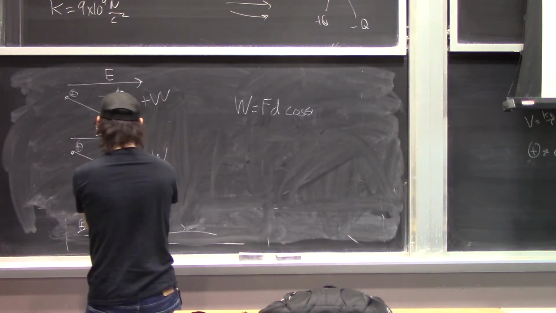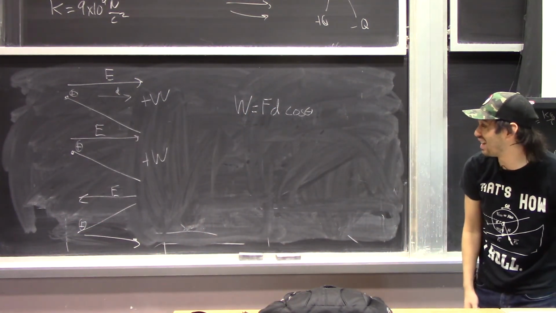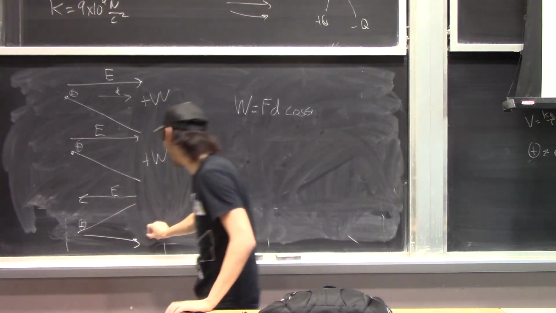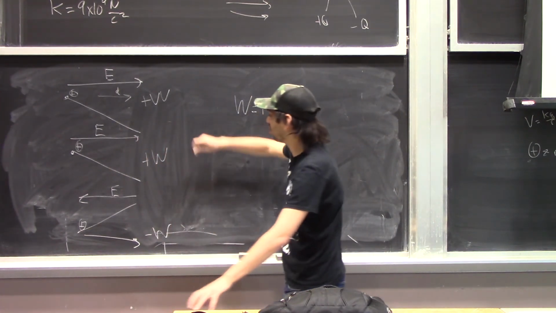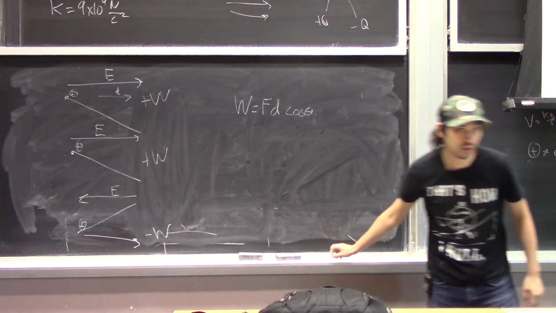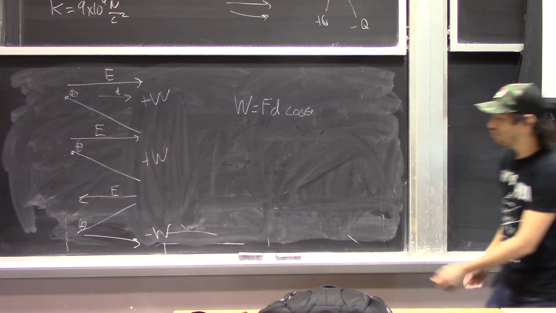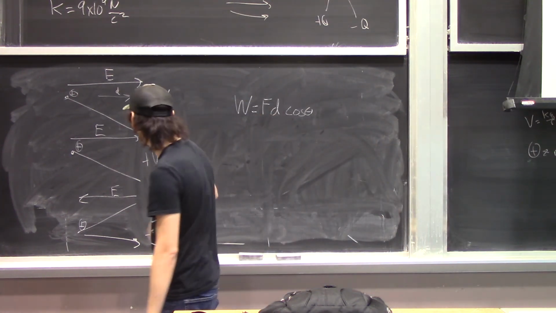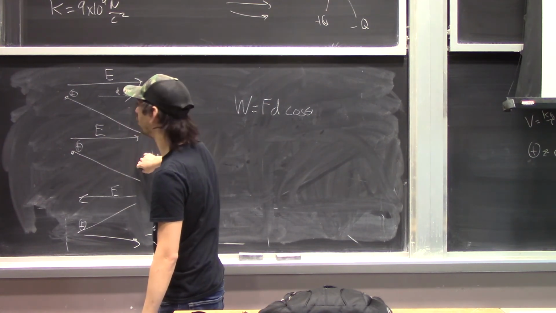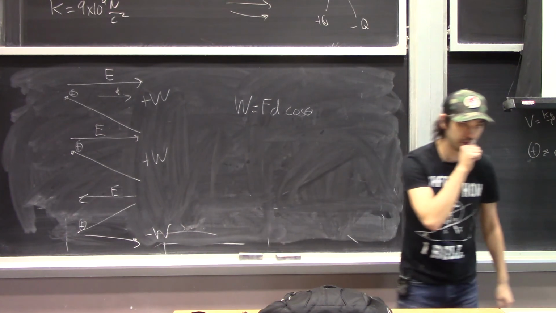These are in opposite directions. And so that gives me a negative sign, because cosine of 180 is negative 1. So this gives me a negative work. But the absolute values of all of these works are going to be the same, because the electric field magnitude is the same, it just points different directions. So the work done by 1 and 2 are equal, and those are greater than the work done by 3.